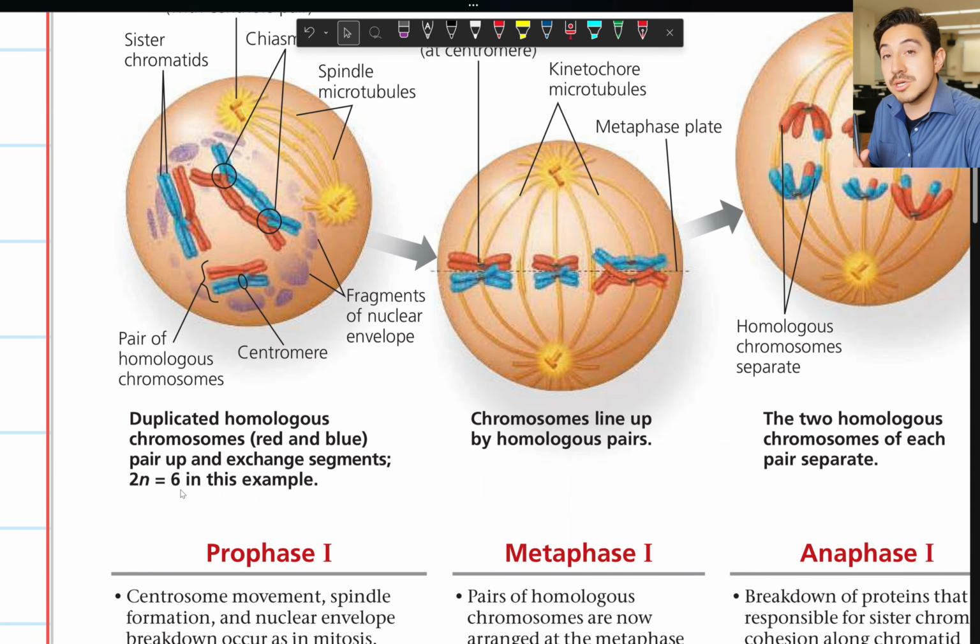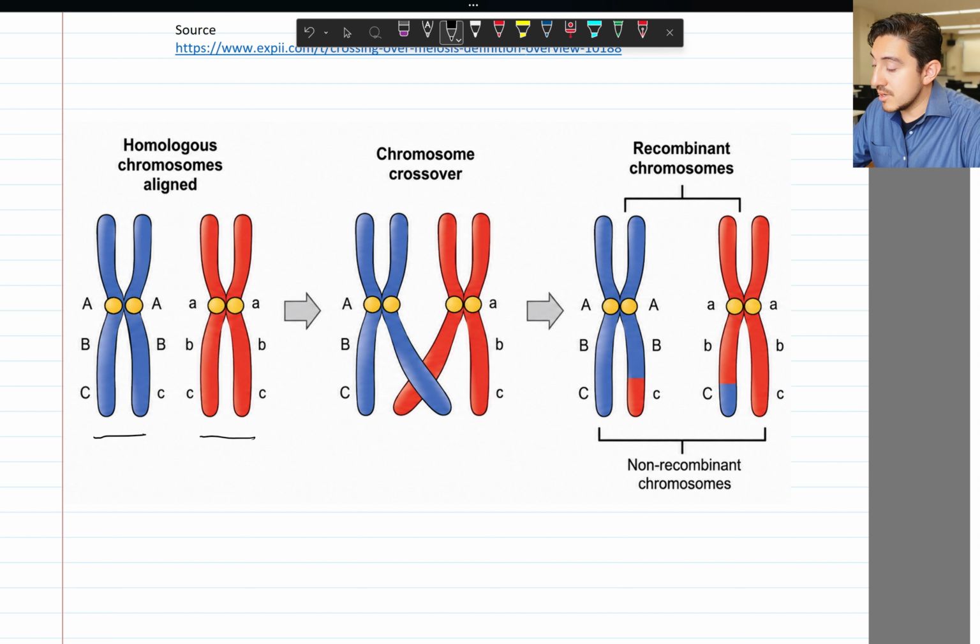And what happens is that the arms of the homologous pair will exchange a piece of their arm, literally it'll break off and then it'll reconnect to the homologous pair. So if you see here, you have the paternal chromatid and then the maternal chromatid. They're going to exchange genetic information.